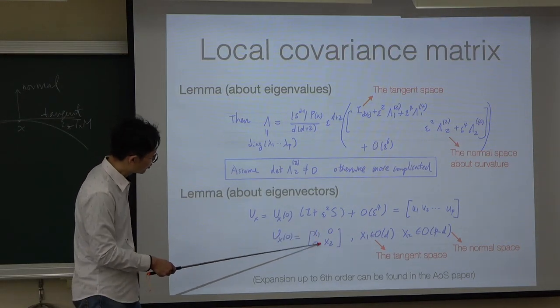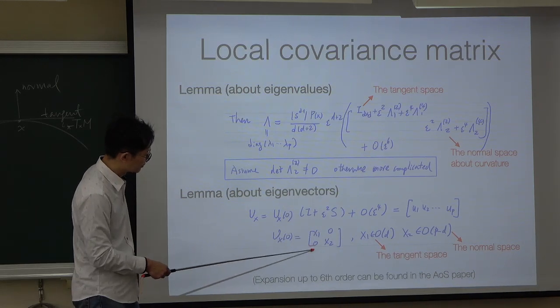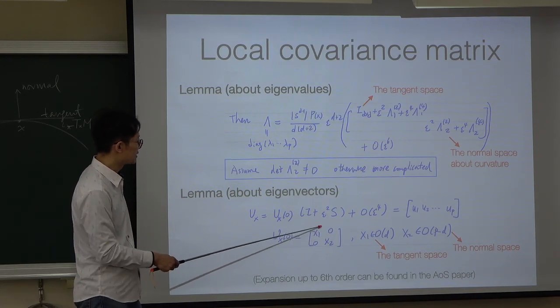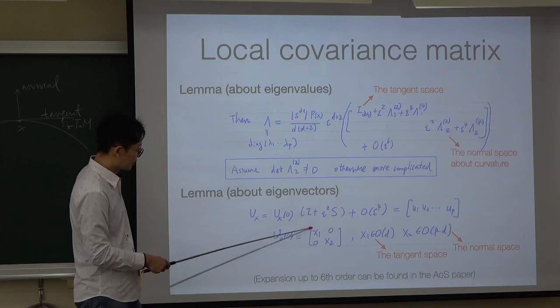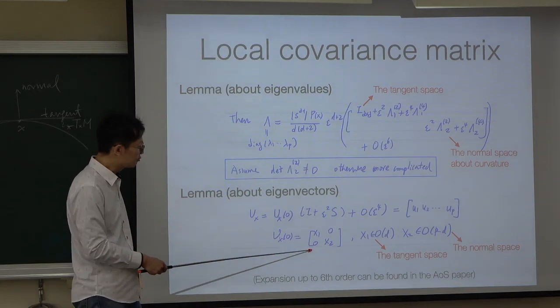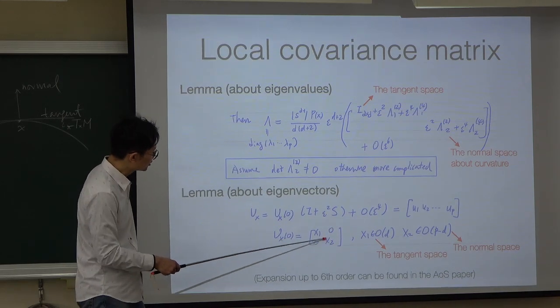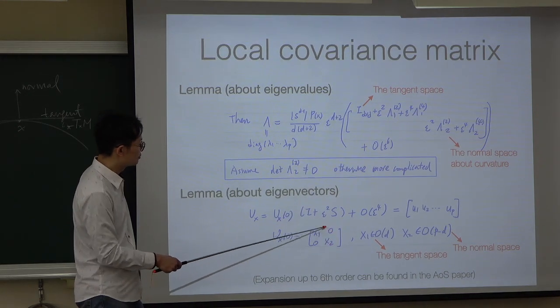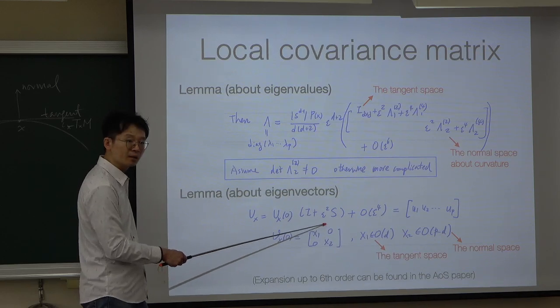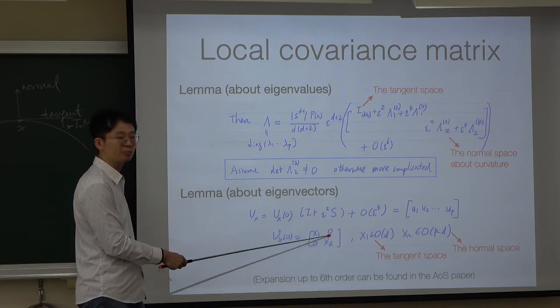So this is actually the ground truth of the tangent space. Or you can say it is a basis of the embedded tangent space. And this 0, X2, this is of size p times p minus d. Okay, this is a basis of the normal direction.